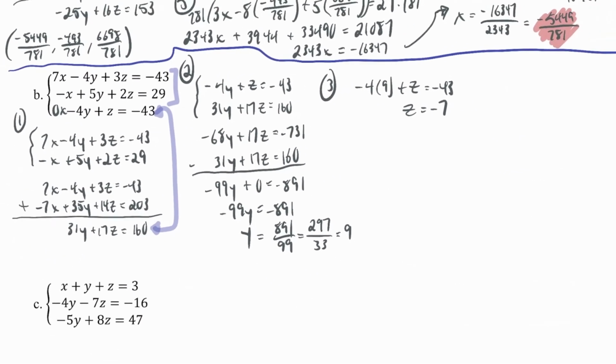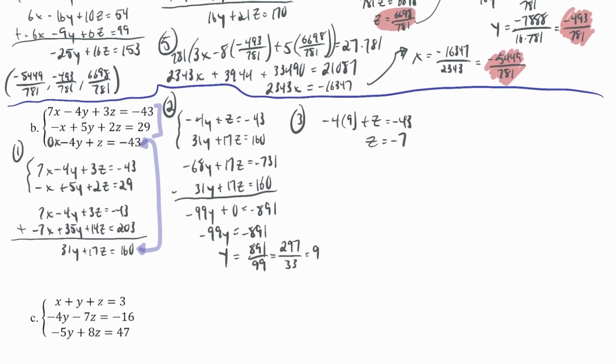Anyway, so now we need to find a value for x. So step 4. I'll take the middle equation. This one I think will be the easiest because x has a nice convenient coefficient. So negative x plus 5 times 9 plus 2 times negative 7 equals 29. Just double checking that I did that correctly. And I think I did.